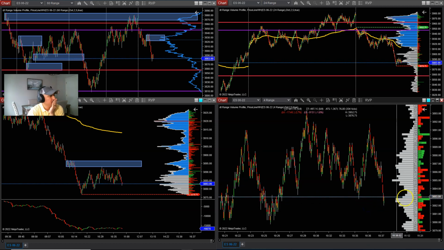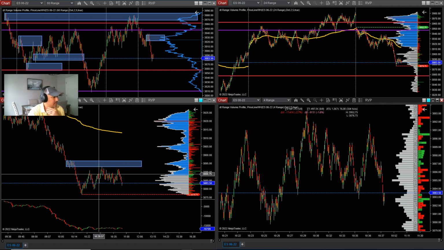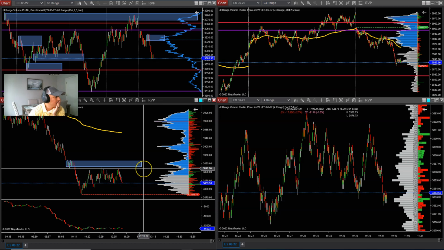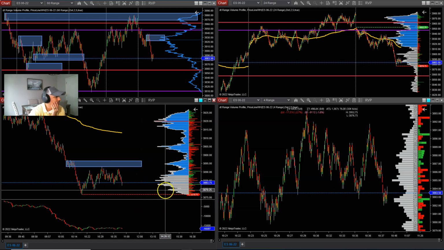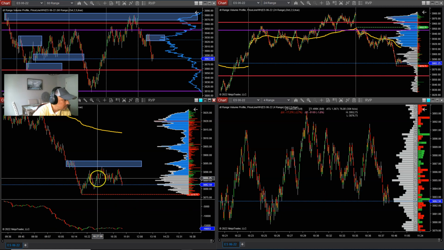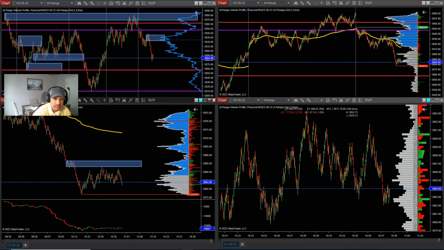Pushing lower, huh? Pushing lower. Yeah, be careful. Be careful in this area.